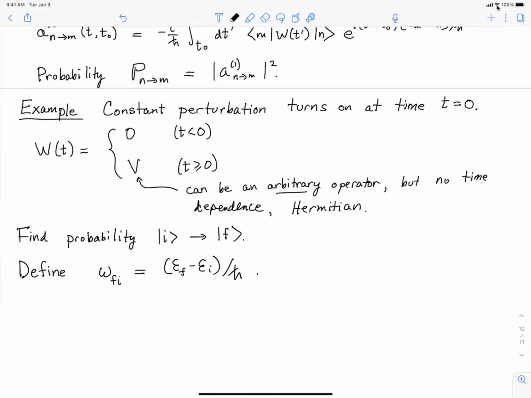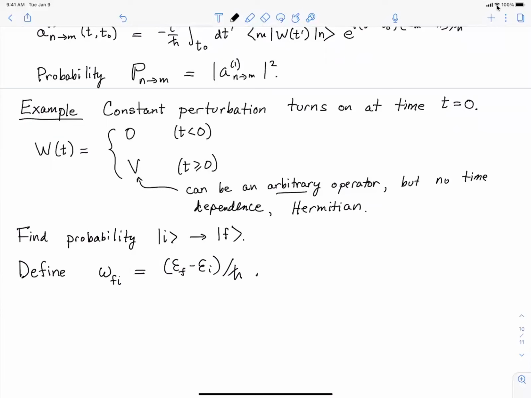So a good thing to remember is that energies divided by h bar give you angular velocities or angular frequencies. One way we know that is from what happened in the harmonic oscillator, for example. The energy levels were h bar times omega.